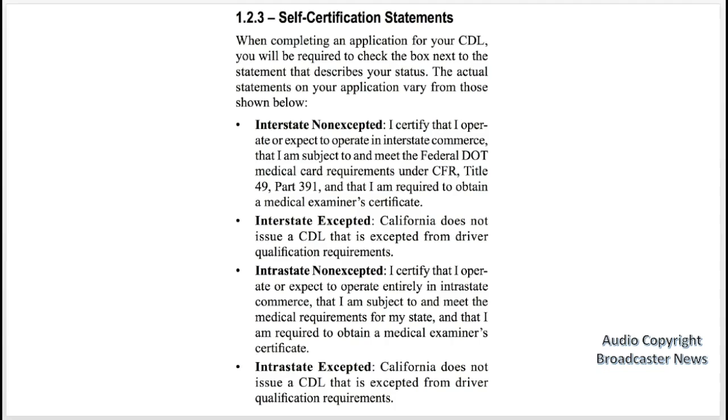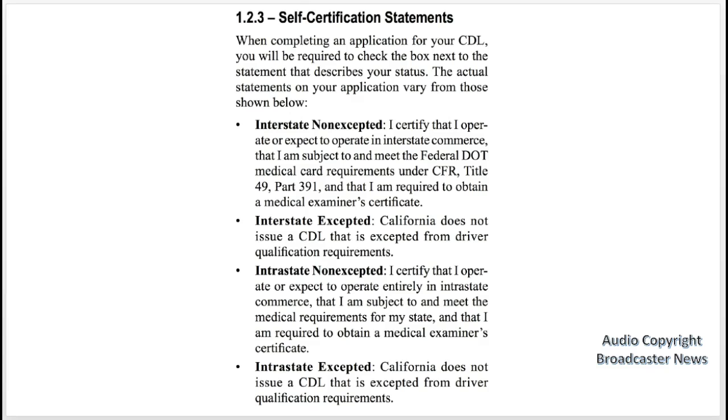Okay, section 1.2.3, self-certification statements. When completing an application for your CDL, you will be required to check the box next to the statement that describes your status. The actual statements on your application vary from those shown below. Interstate, non-excepted.